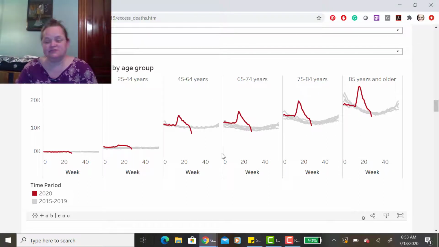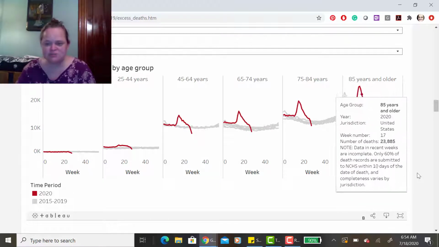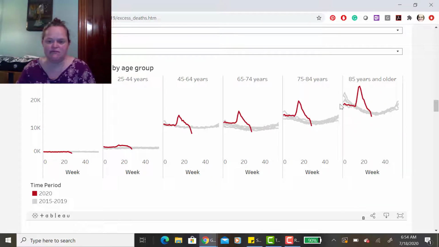But once you get into adulthood, chances are pretty good you're going to be dying in your 80s. Happy news. In any case, you can see the spikes. And the percentage spike for the 85 and over, even though they're starting from a higher level, is even higher. This is disproportionately hitting the elderly much, much worse.